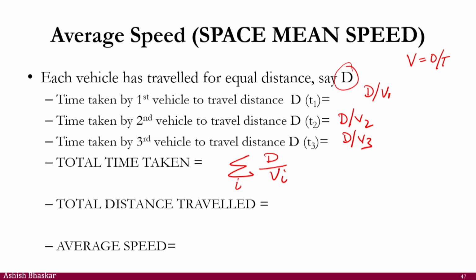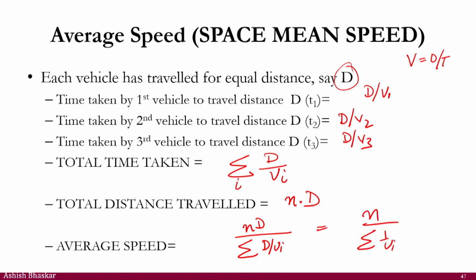What is the total distance traveled? Each vehicle is traveling a distance d. So total distance traveled should be the number of vehicles, let's say n is the number of vehicles, in our case n is 3, multiplied by d. Average speed should be simply total distance traveled over total time taken, which will be nothing but n over the summation of 1 over vi.